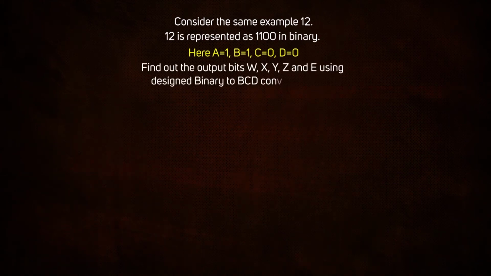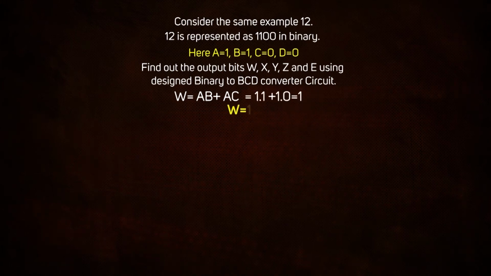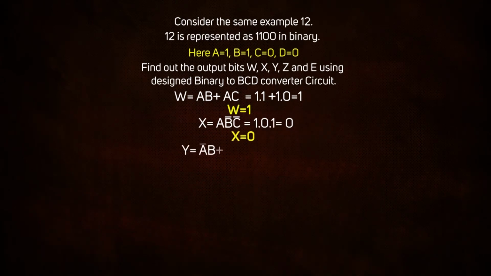Let us find out the output bits W, X, Y, Z and E using the designed binary to BCD converter. W equal to AB plus AC, which is equal to 1.1 plus 1.0, which is equal to 1. X is equal to A B complement C complement, that is equal to 1.0.1 equal to 0. Y equal to A complement B plus BC, that is equal to 0.1 plus 1.0, we get 0.